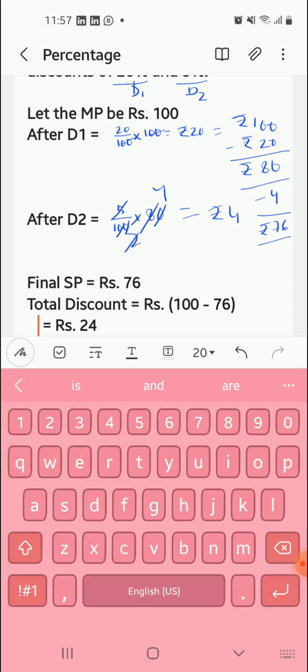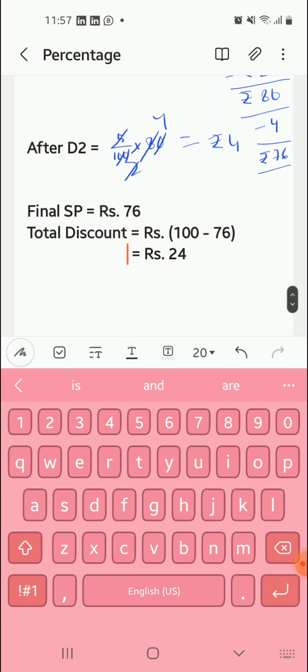Now, my total discount is rupees 24 and my MP was 100. So we need to find out the discount percentage.